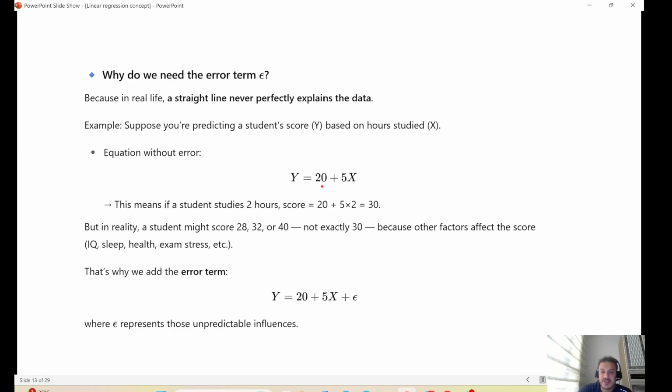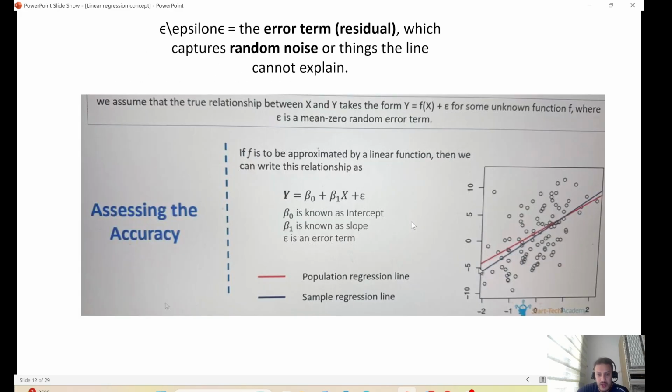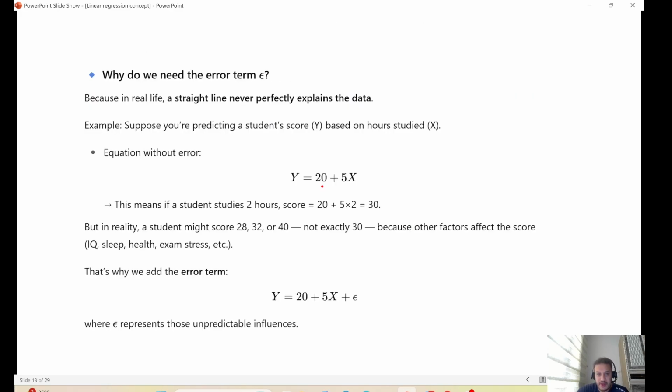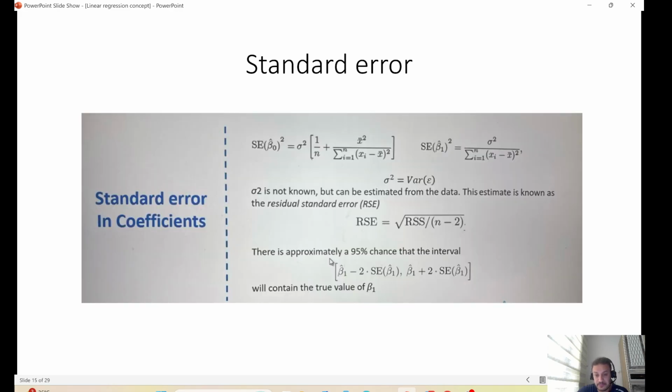And now we came to the standard error. As I told you, you have to understand the second thing, the standard error. So standard error is used for uncertainty, to measure the uncertainty in your estimated coefficients for a regression model. What does that mean? The uncertainty, the variability in your estimate.